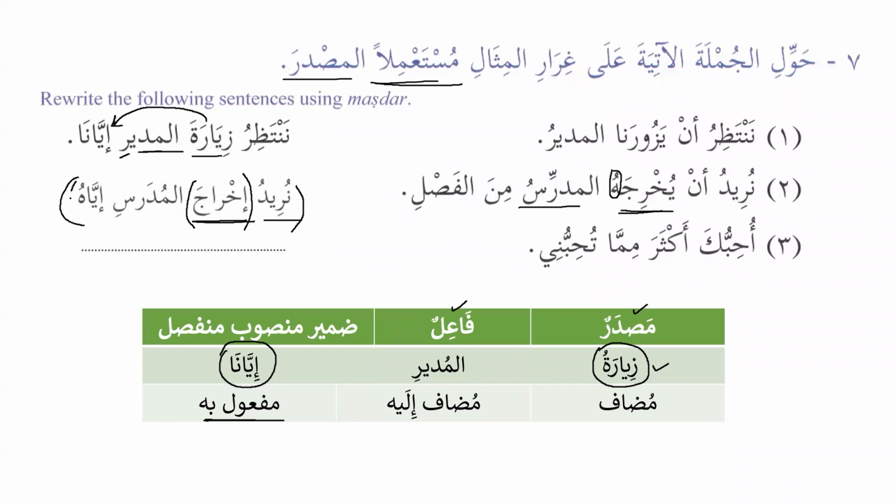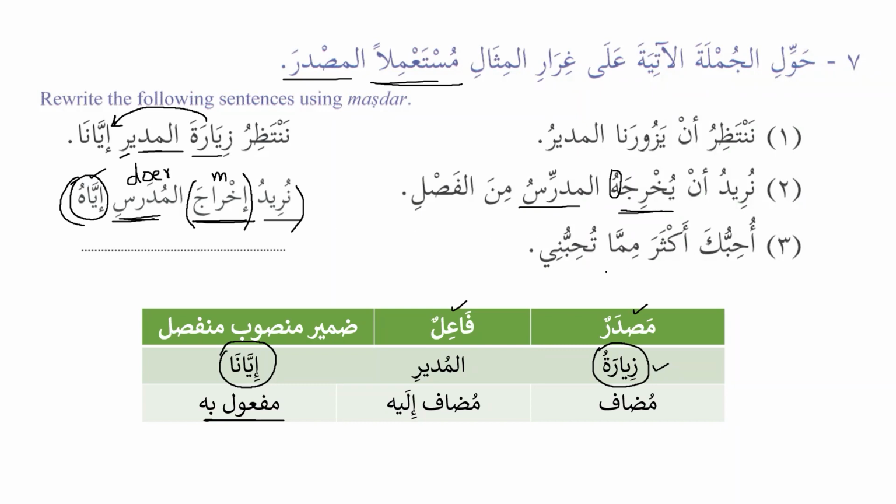And the reason why we have to bring iyyahu here is because we have the masdar being used as amil, and it is used as mudaf, and here mudaf ilayh is the fa'il, and this is maf'ul bihi. So the mudaf has the doer as well. So this is mudaf plus it functions as the verb, right? And this is the doer, and then the next one is maf'ul bihi, the receiver of the action.